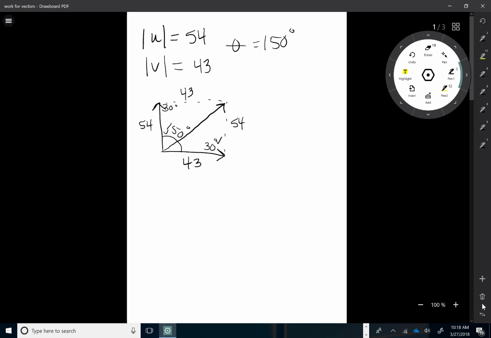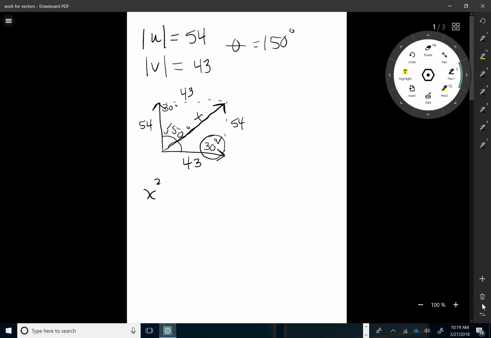So when you look at those, you can use these properties that you have to find these answers. We're trying to find the length of this ray, which will end up being the addition of the two vectors. And we can use our law of cosines with this angle to find that side.